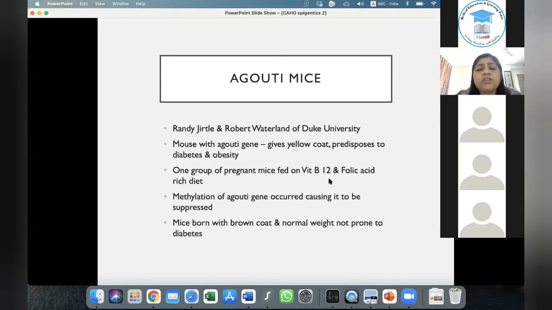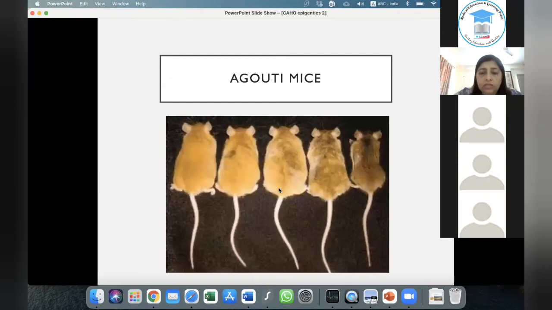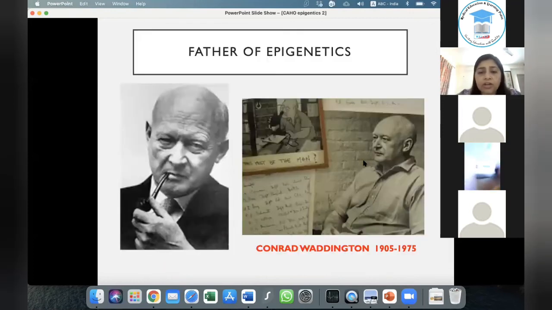So he said that there was something from these vitamins which is actually down-regulating this agouti gene, and therefore the mice which were born out of this cohort in which B12 and folic acid was supplemented had normal weight and they had a brown coat because this agouti gene had got down-regulated. So this is the agouti gene, and you can see the mice which was born. This is brown and slender, and they did not have diabetes.